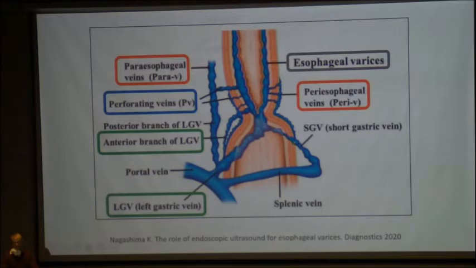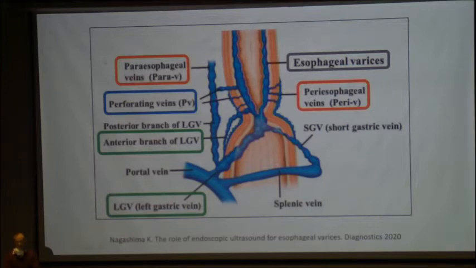And this left gastric vein divides into an anterior branch and a posterior branch. Studies have shown that the greater the diameter of this left gastric vein, or the higher the hepatofugal flow velocity in this vessel, the more likely the varices are to recur. Also, if the varices are fed by the anterior branch, the chances of recurrence are higher.